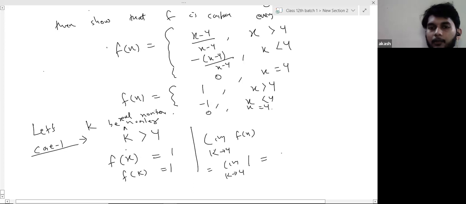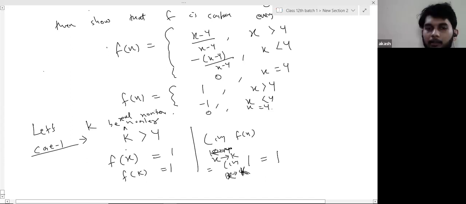Or if you are getting confused, you can write like this: x tending to k. I hope this is more clear. What will be the value of this limit? This is equals to 1, right? Because this is independent of x. Is this thing clear or not? Yes, sir.